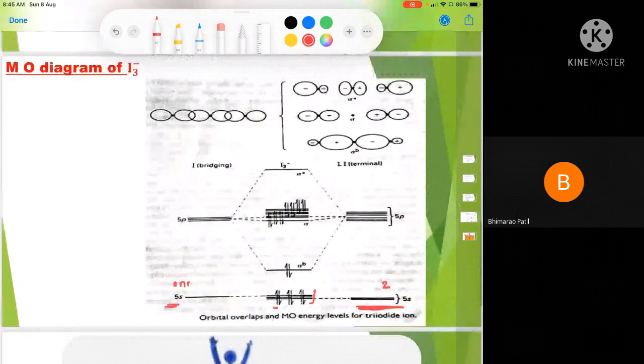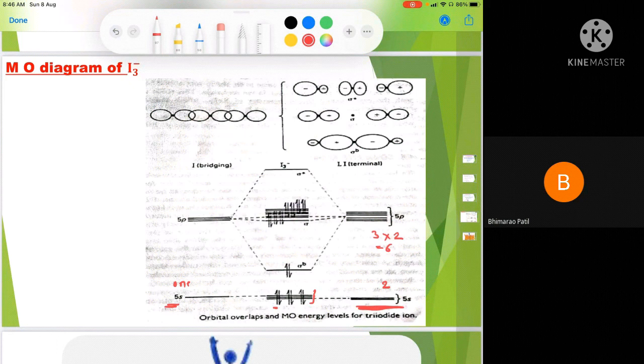Then go to the combination of the 5p atomic orbitals of the terminal iodine atoms and the bridging iodine atom. Here 3 p atomic orbitals come from each iodine atom. The terminal iodine atoms are 2, so in total 6 5p atomic orbitals are present. You count it, and this becomes 6.